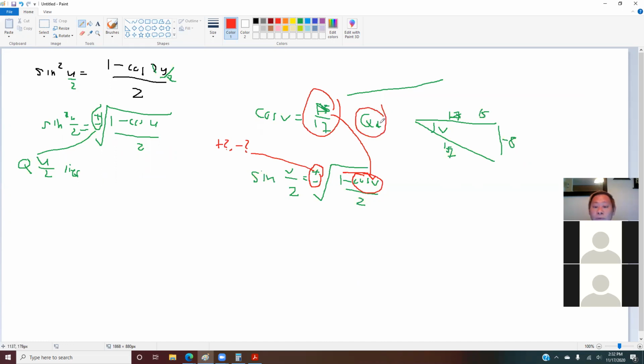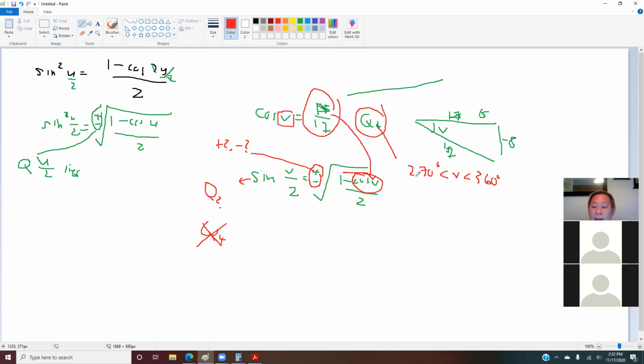So this quadrant 4 is between 270 degrees, I'm using degrees, and 360 degrees. So in order for us to figure out what quadrant this belongs to, I can tell you that it's not in quadrant 4, because quadrant 4 is for v.